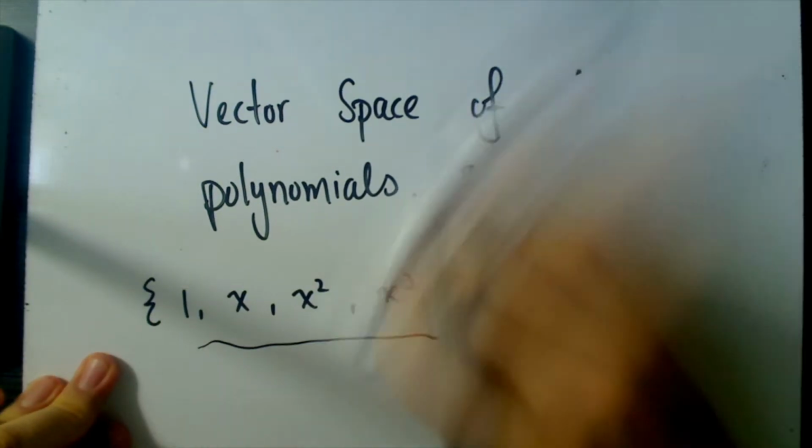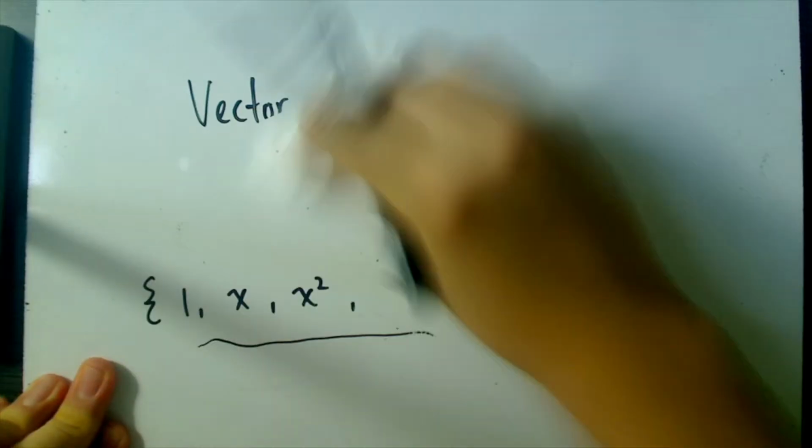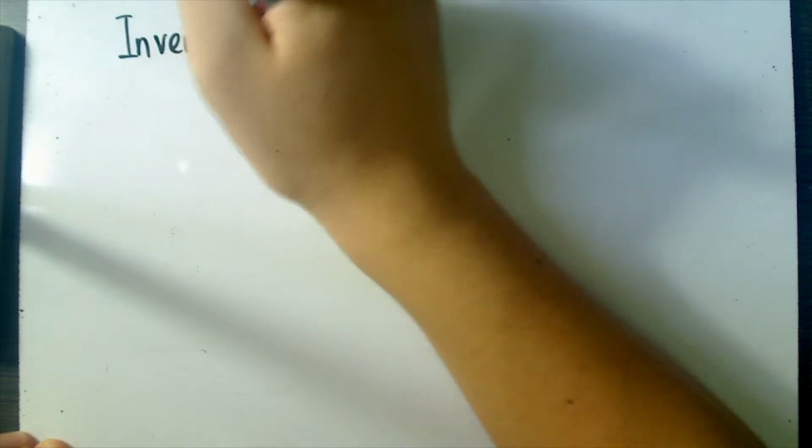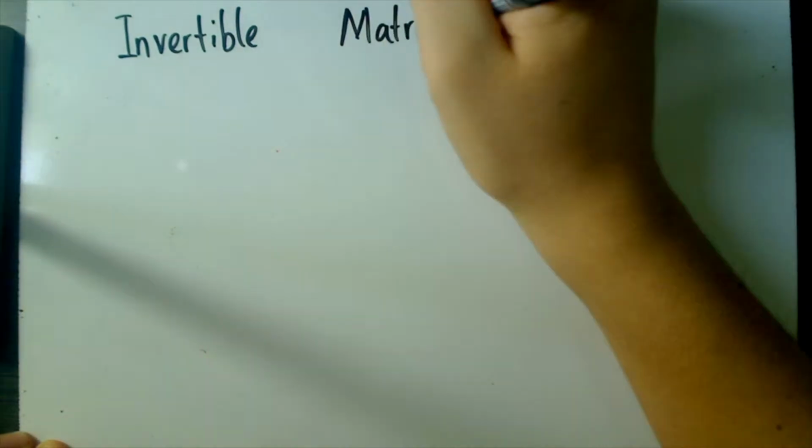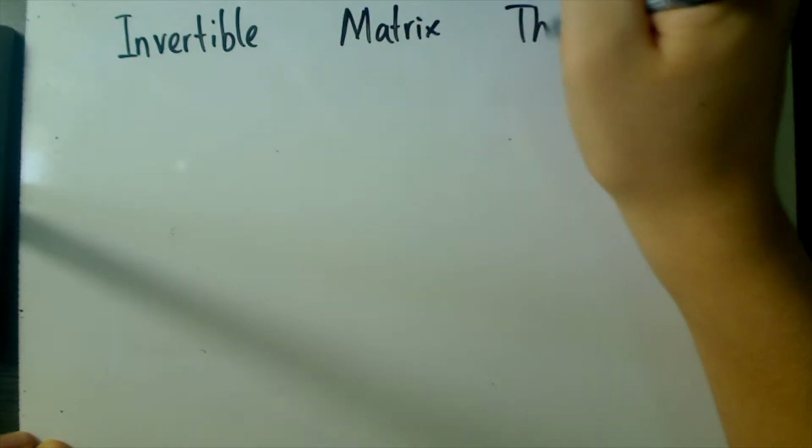And the reason we assume the vector spaces we are working with to be finite dimensional is that a lot of the theorems, in fact, break down when we have infinite dimensions. An example would be the invertible matrix theorem.